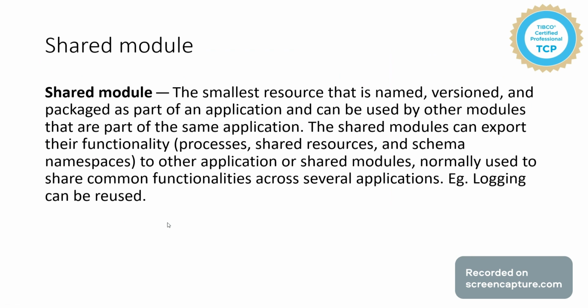They are normally used to share common functionalities across several applications. Example, logging is used across all applications in any organization, so that can be implemented in a shared module and shared across all the applications.